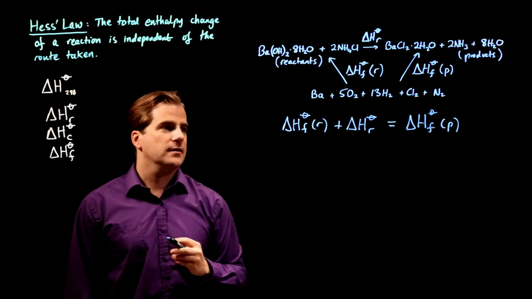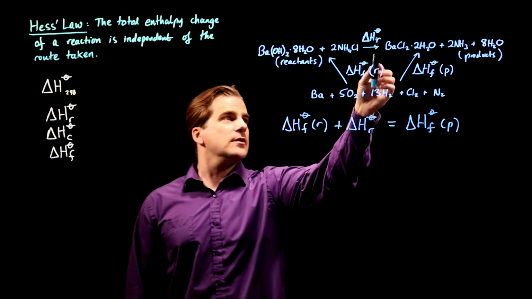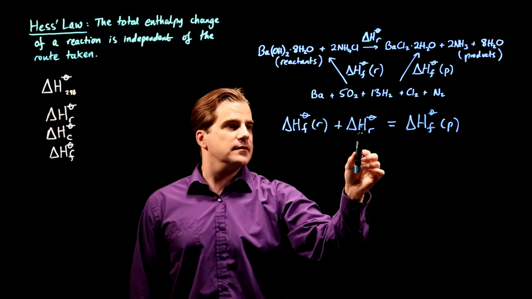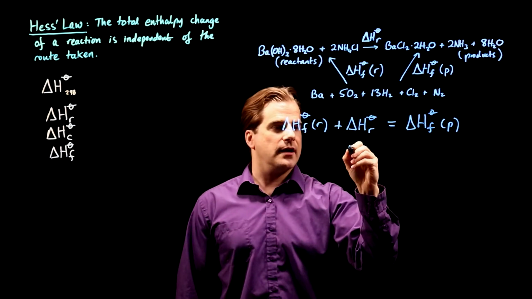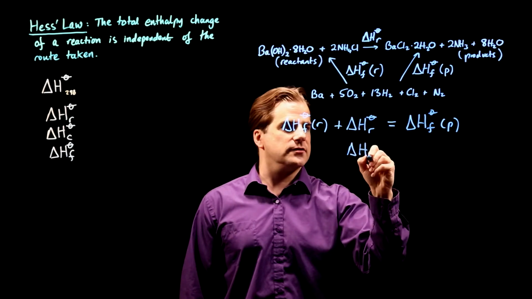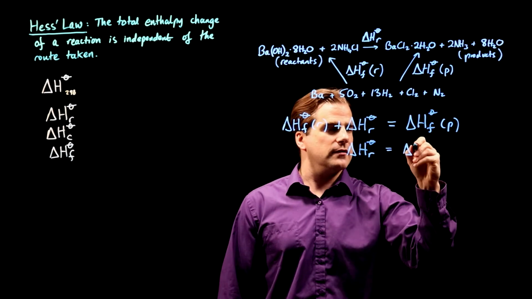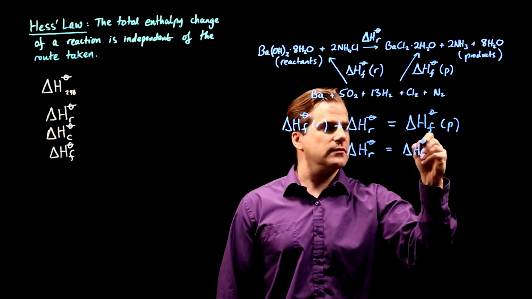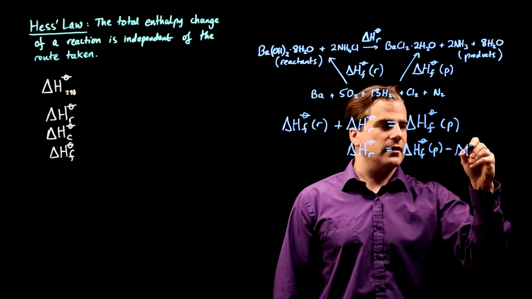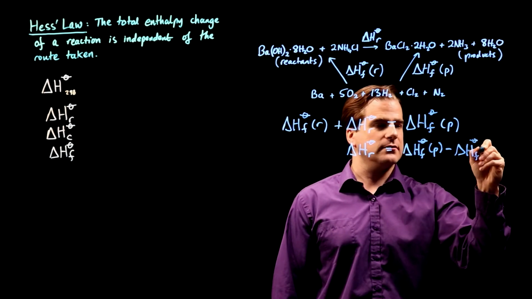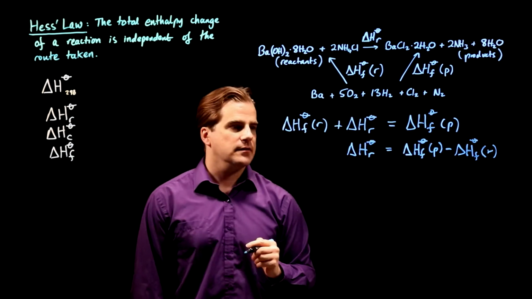Okay? That's Hess's law. So, if we want to find this, we just rearrange to make that the subject. So take this over here and we get delta H of the reaction is equal to delta H of formation of the products minus delta H of formation of the reactants. Okay?